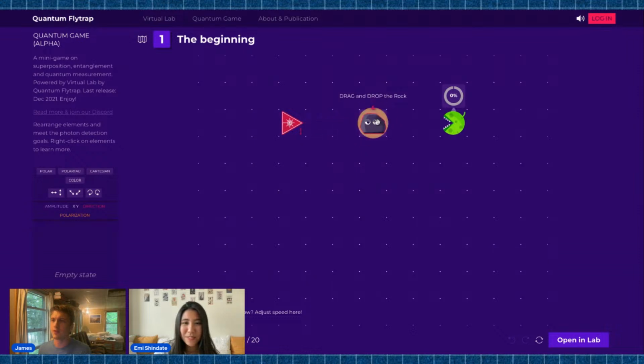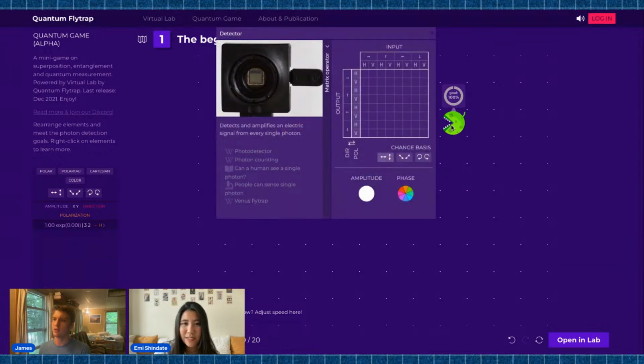What's this? Drag and drop the rock. Okay. So the whole point of this is to figure out how to get the light source to that monster-looking thing. What is this? That's a Flytrap, and it's a photon detector.